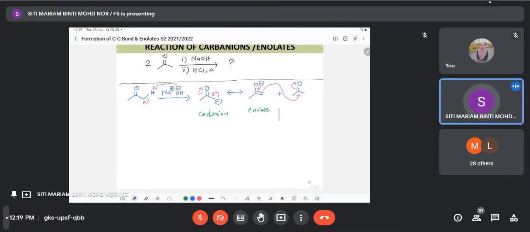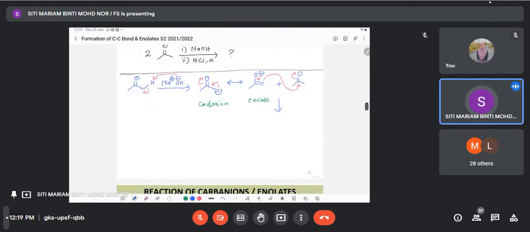So what do you get here? Now you connect these two structures. The connection is through a carbon-carbon bond, through this carbon and that carbon. So you produce a new carbon-carbon bond formation between them, the yellow color of carbon.